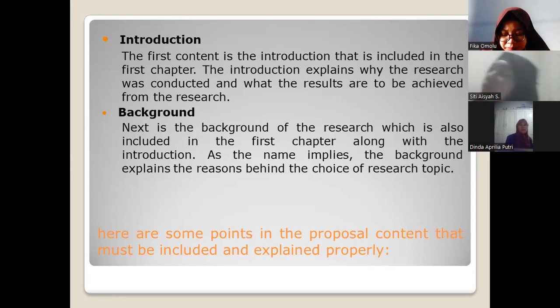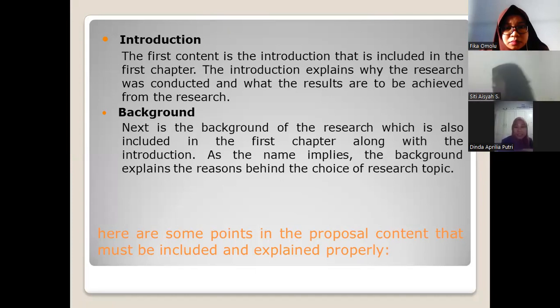Jadi materi yang ada di slide ini itu berfokus pada topik dari penelitian, agenda kegiatannya, hasil yang dicapai dari proposal ini, dan juga biaya atau budget yang akan kita gunakan dalam penelitian. Jadi, however, to be more detailed, here are the points in the proposal content that must be included and explained properly.